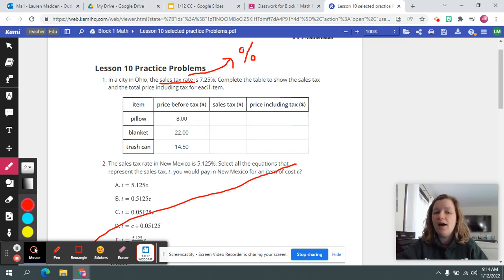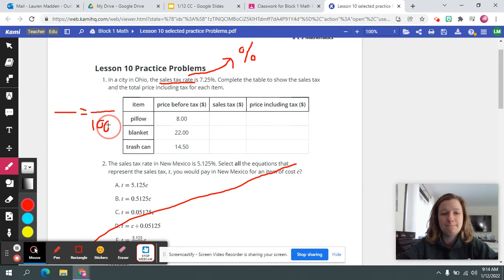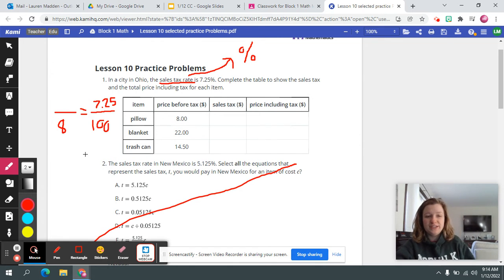So I want to figure out what 7.25% of $8 is. I'm going to set up my little proportion on the side here. I know that my 100 goes on the bottom, and I've got 7.25. And the $8, I'm just going to put the 8 instead of the 8.00, goes on the bottom because I'm trying to figure out what is 7.25% of $8.